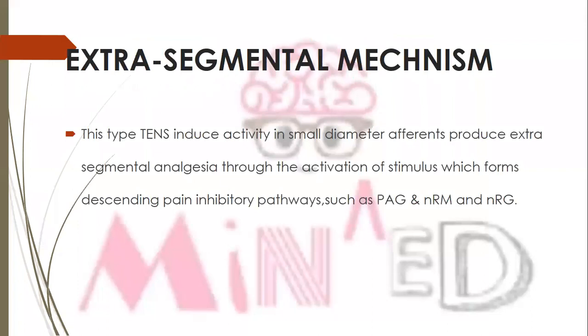Okay. Next is the extrasegmental mechanism. Extrasegmental mechanism is done by acupuncture-like TENS, that is low TENS, having low frequency, high intensity. These TENS induce activity in the small diameter afferents, and produce extrasegmental analgesia through the activation of descending pain inhibitory pathways such as PAG or NRM.